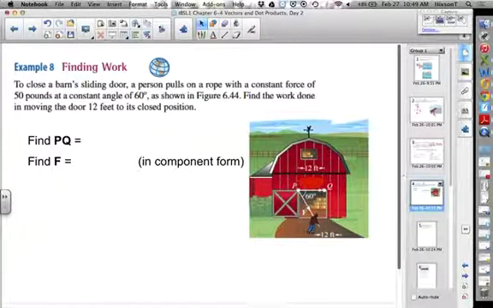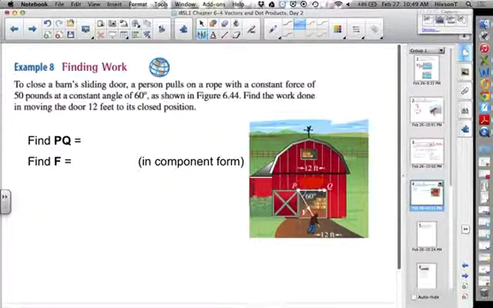So here we have this door, and there's a rope attached to the top corner of this door, and it's a sliding door that slides across. So what we have to do is determine both the horizontal force vector and the horizontal motion vector, or displacement vector. Okay?